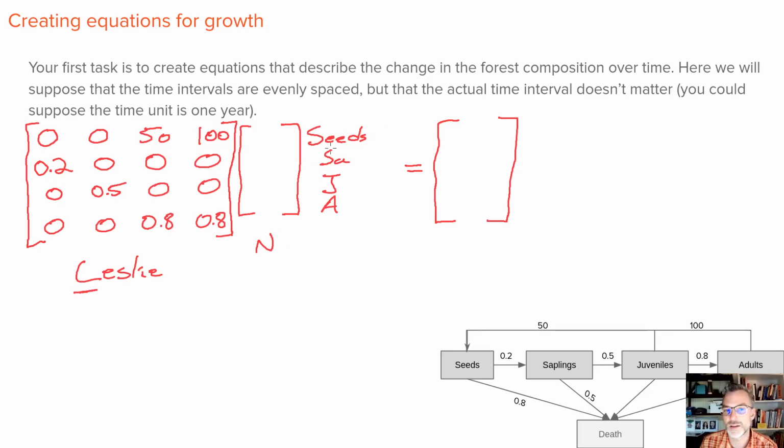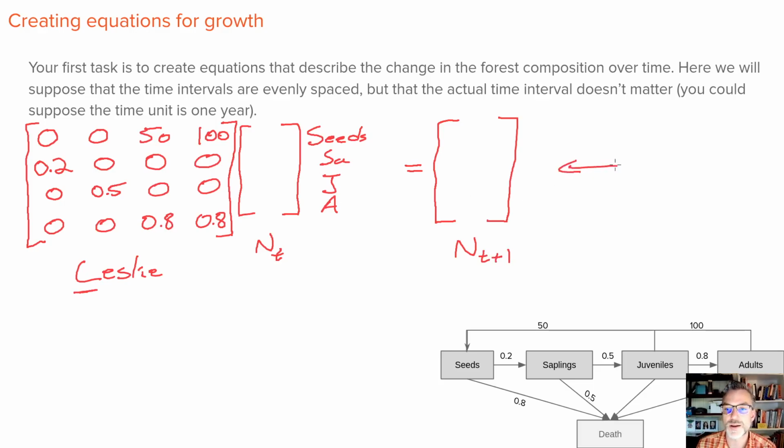It's a vector, the numbers of seeds, saplings, juveniles, and adults. So I'll just write it as N sub t, kind of similar to that bacteria population. When I apply this matrix to this vector of quantities, what I get over here is the vector of quantities in the next hour. That's how this changes.